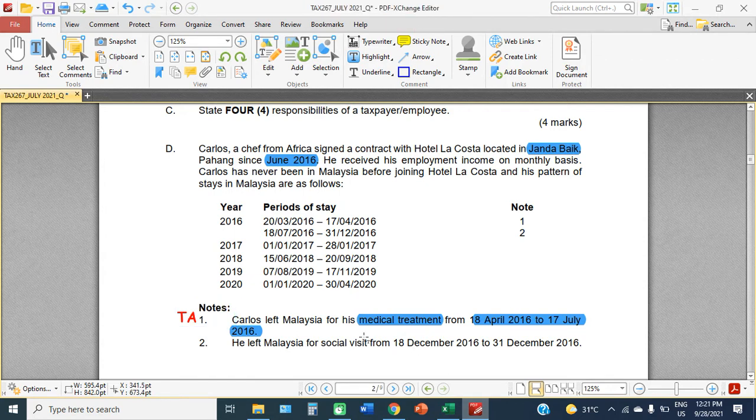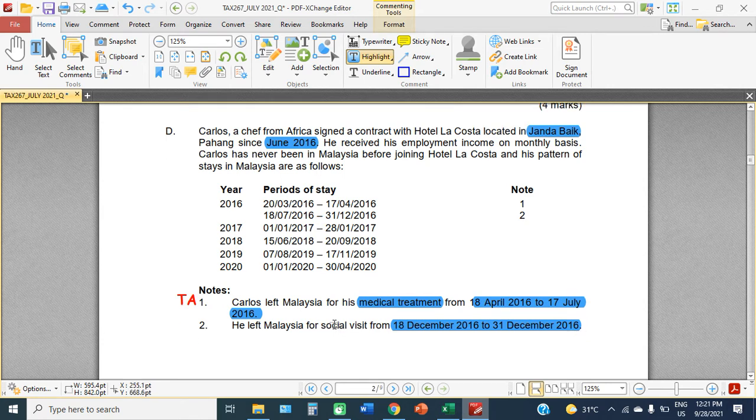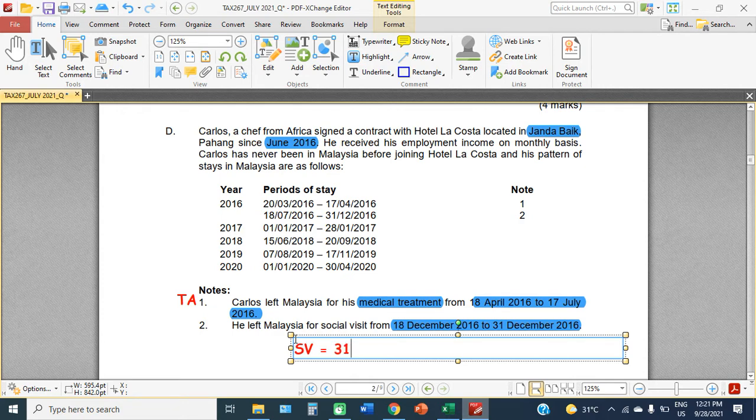Note number 2. He left Malaysia for a social visit starting from 18 December 2016 until 31st December 2016. Very clear cut here, social visit. So you know that a social visit outside Malaysia must not be more than 14 days, isn't it? So let's calculate. Social visit equals 31 minus 18.